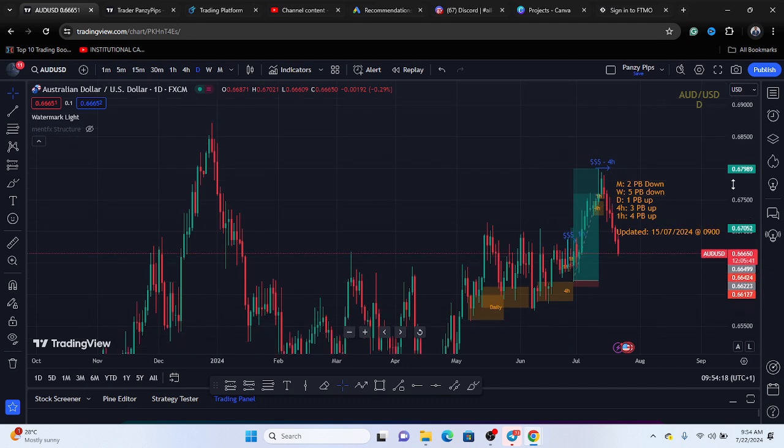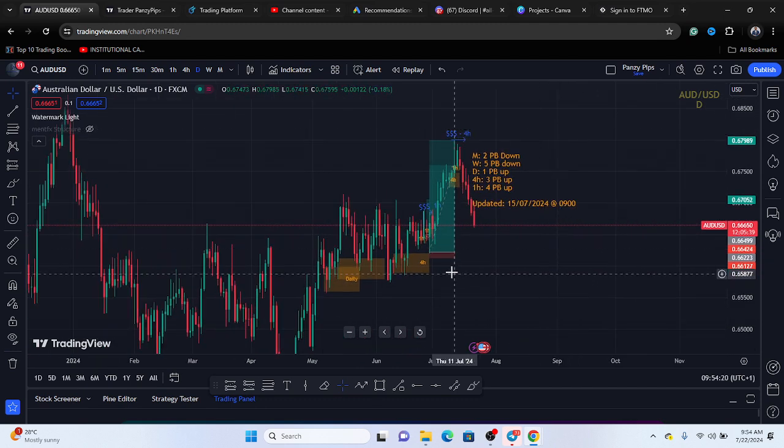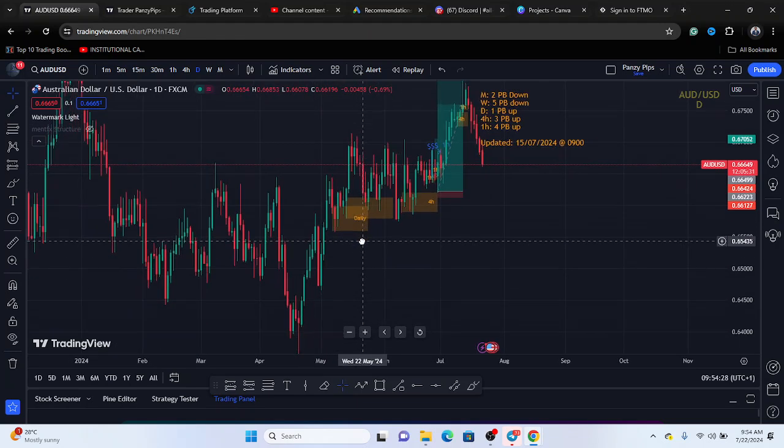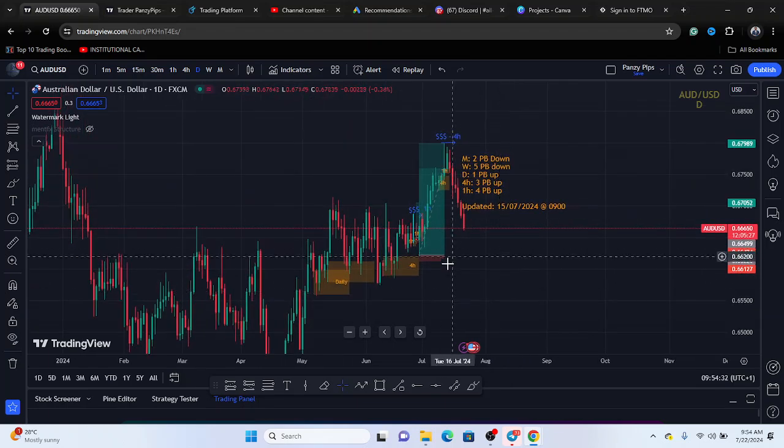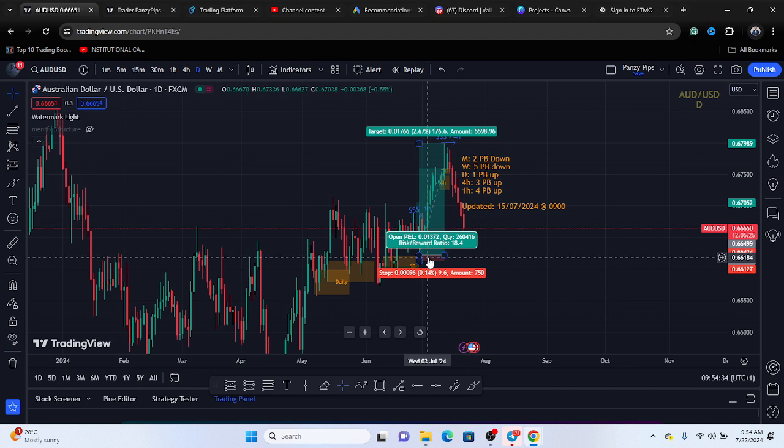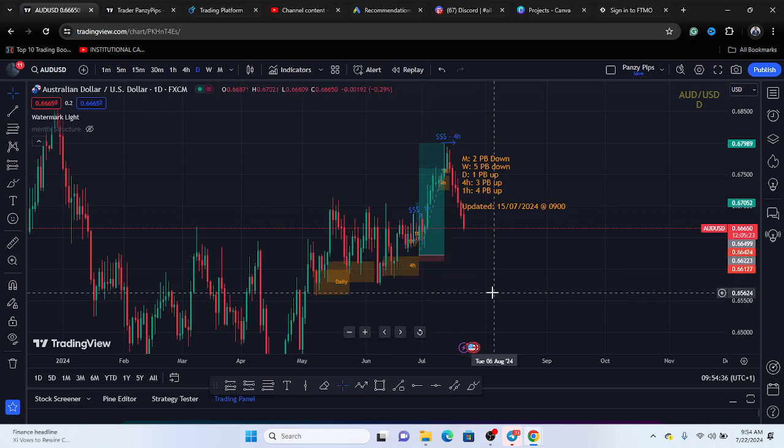Okay, so on the daily, what are we doing? Nothing has changed on the daily from, hold on, 1 PB. No, something has changed. It was 1 PB up, pullback, so 2 PB up. Am I correct?